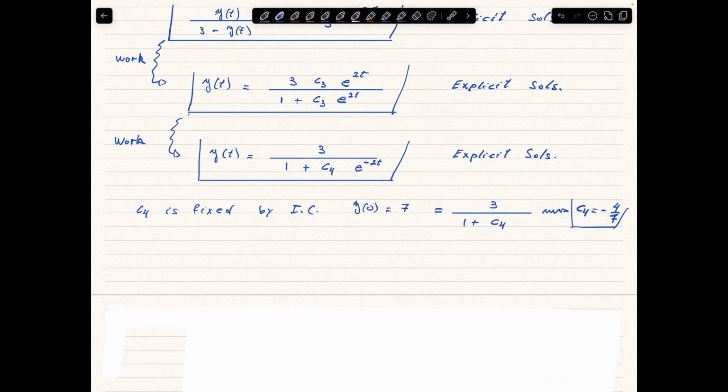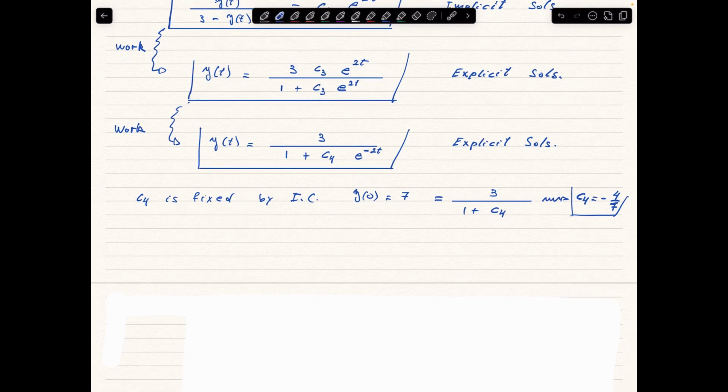And then a little bit more work, but it's all algebraic work. You're gonna end up with the solution written in this very nice final form, which is 3 multiplied by 7. I like to write it like that.